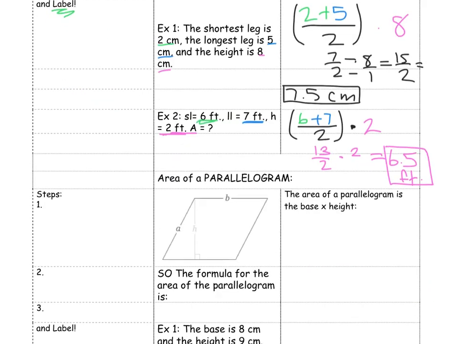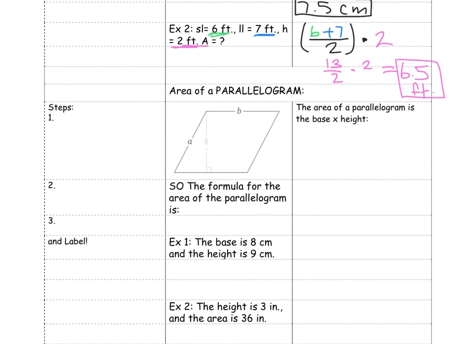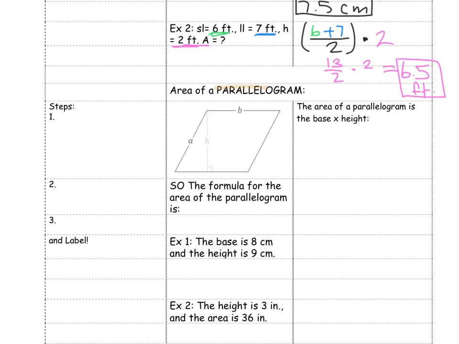Alright, let's move on to a parallelogram. For the parallelogram, the area of a parallelogram is the base times the height, or B times H. And I guess I can write this down here too.